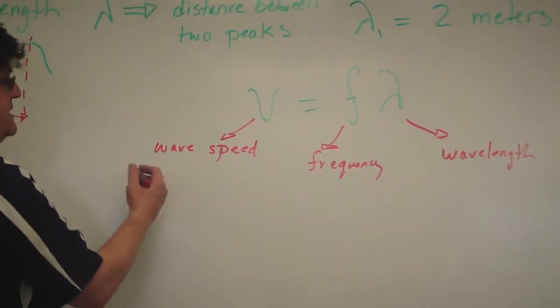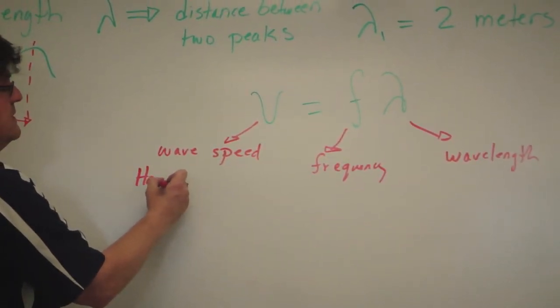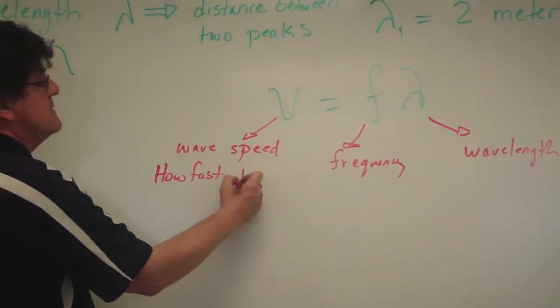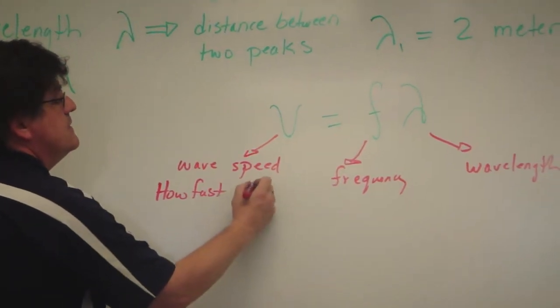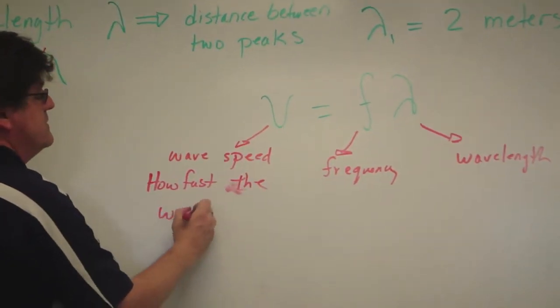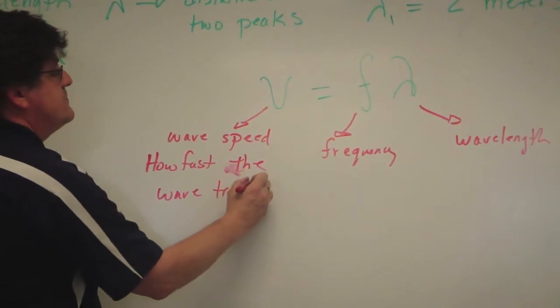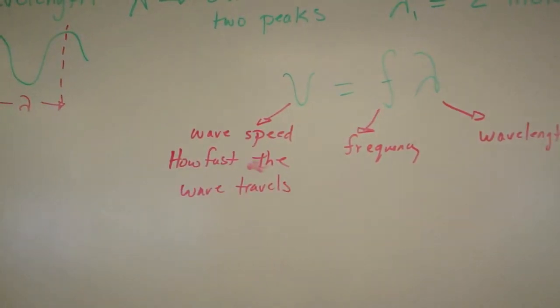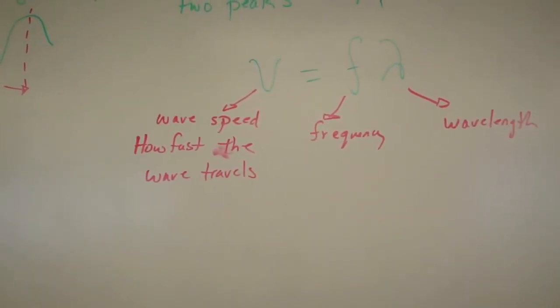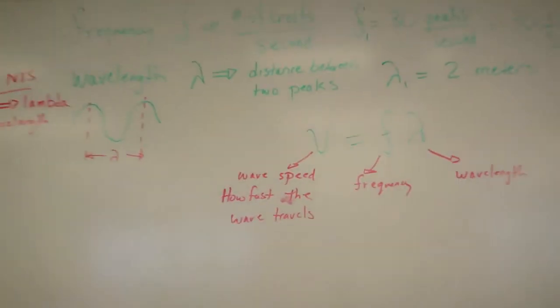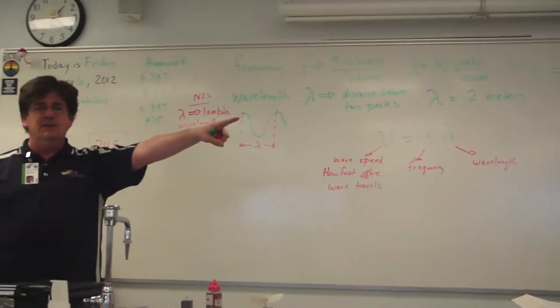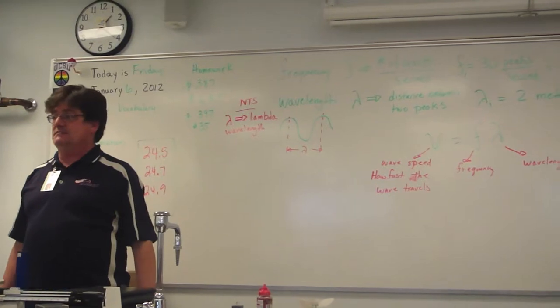Wave speed tells me how fast the wave travels. When you saw that wave travel down the spring, you could see that it moved from one point to another. When it moves from one point to another, it has a speed.